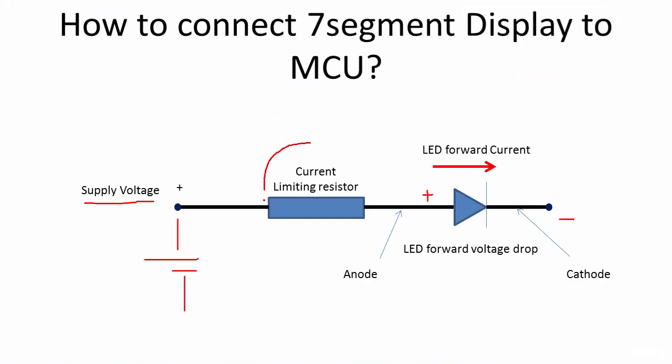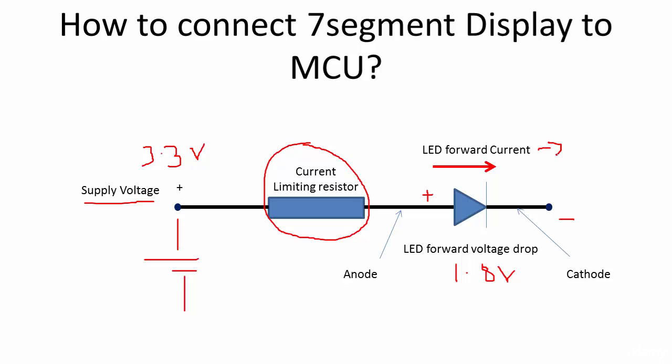That's why this resistor is used. Now, how to derive its value? Let's say I am supplying a voltage of 3.3 volts. Let's say this is a red LED, and we know that the forward drop voltage is 1.8 volts. They are saying don't allow more than 16 milliamps.